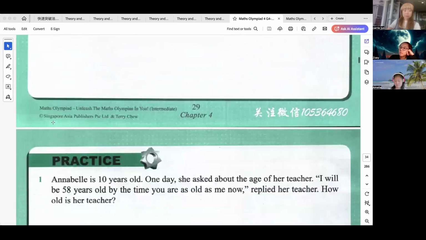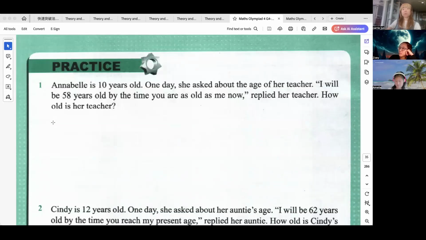Okay. These are pretty easy, okay? So let's take a look at this one. Annabelle is 10 years old. One day she asked her teacher about her age. I'll be 58 years old by the time you're as old as me now, replied her teacher. How old is her teacher?